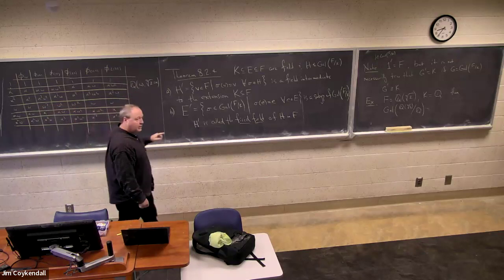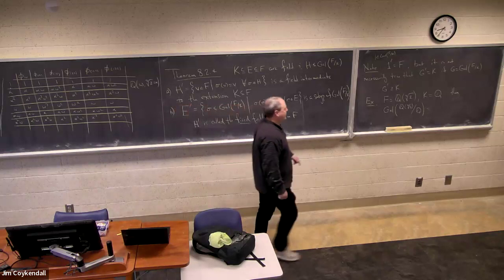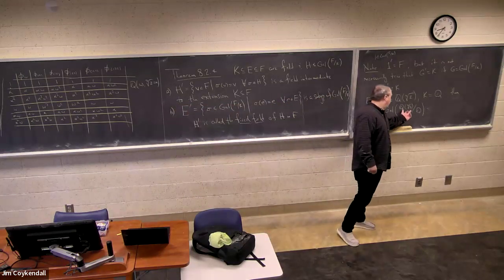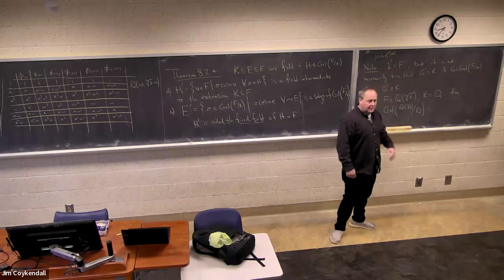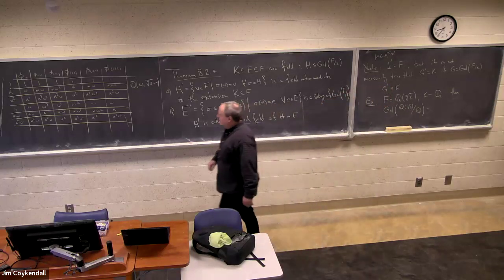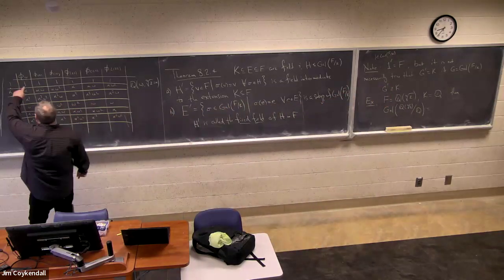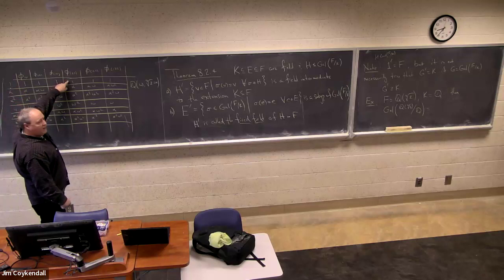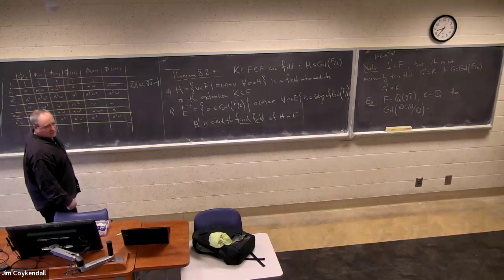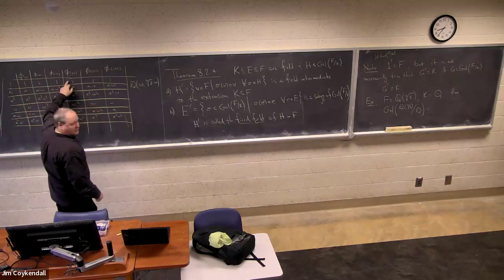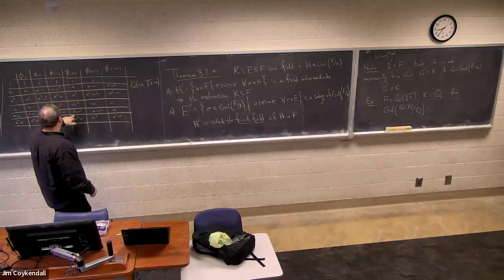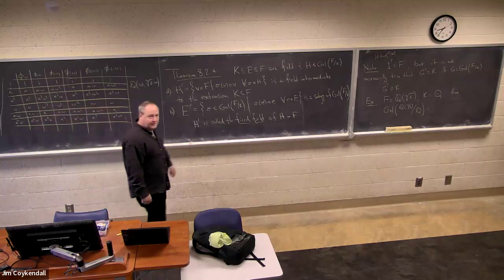Notice in this table, there are only two automorphisms that fix Q, that subfield, right? One of them is the identity, and one of them is complex conjugation, right? Remember this one turned out to be, you can see this one rather dramatically, it's complex conjugation, right?